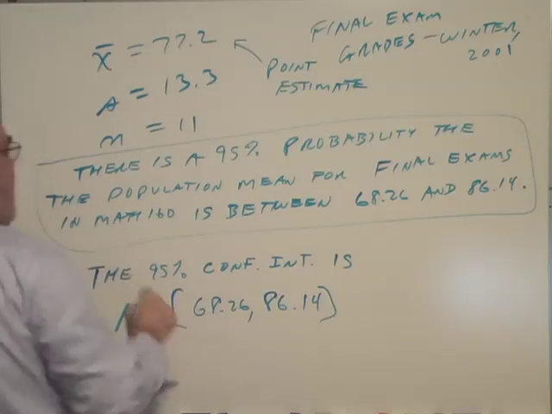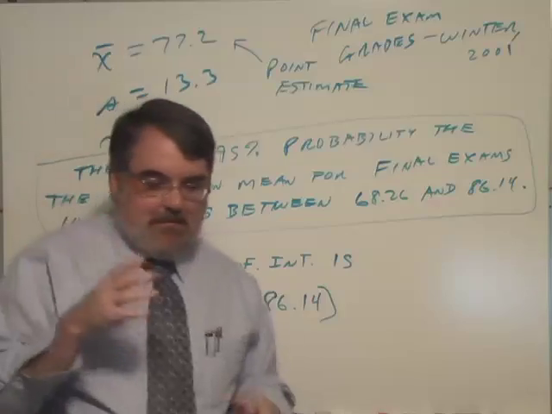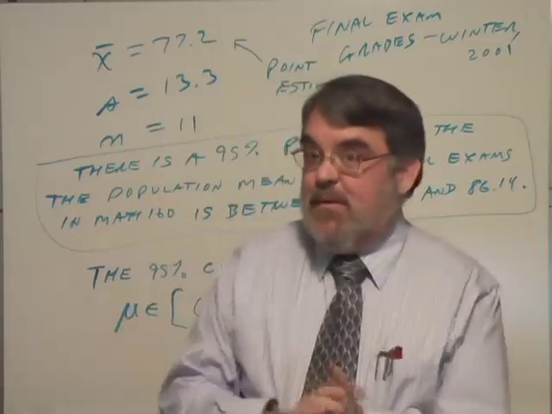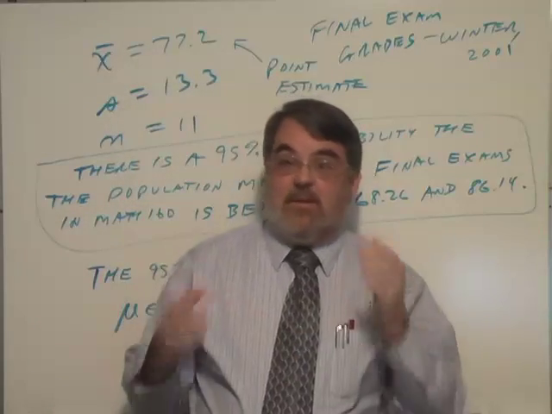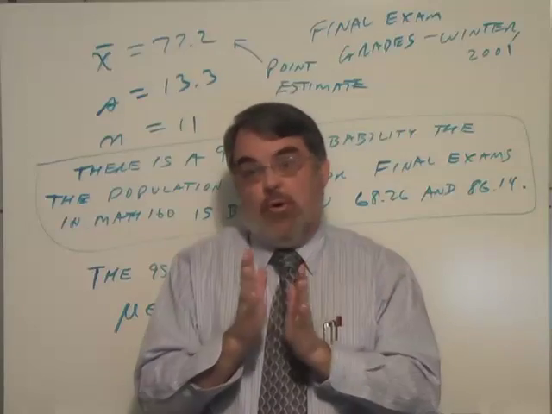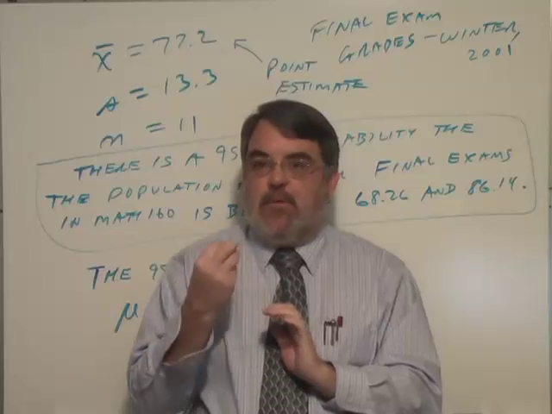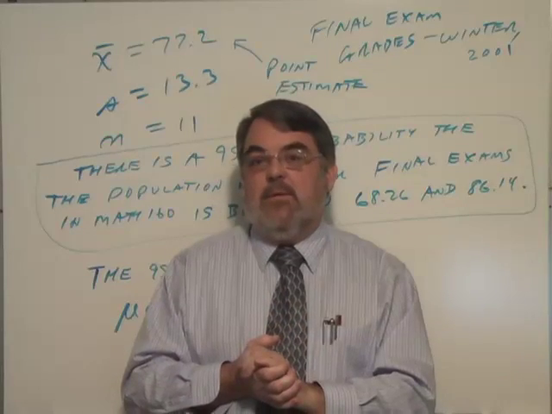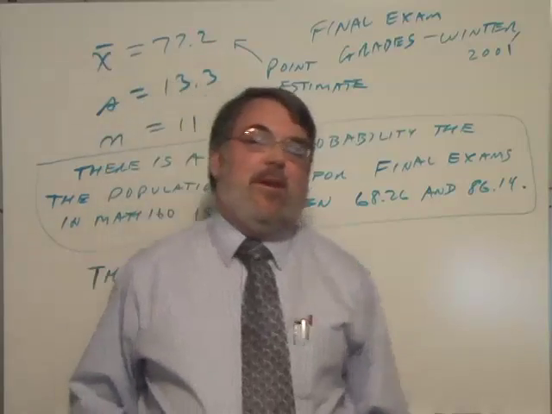And let's spend a little time talking about that. Okay, so we said, all right, we took a sample. It's a pretty small sample. 11 is a small sample. So would you expect to get a lot of great information out of a small sample of 11? No. Larger samples will give you better, more focused information. So we said, all right, well, the class scored 77.2 on average.